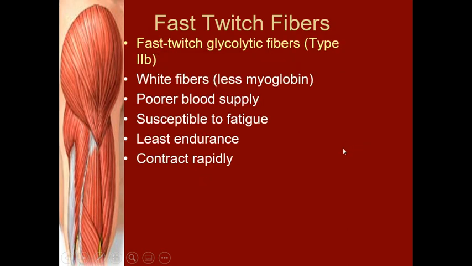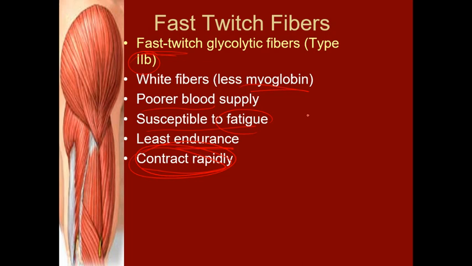Okay. And then the last group is type 2B. These are what we call the real fast twitch fibers. These have very little myoglobin, so they're not storing oxygen. They don't really have a good blood supply. They are really susceptible to fatigue, so they're going to tire out really quickly. They cannot have long-term endurance like a marathon, but their advantage is they contract really rapidly.